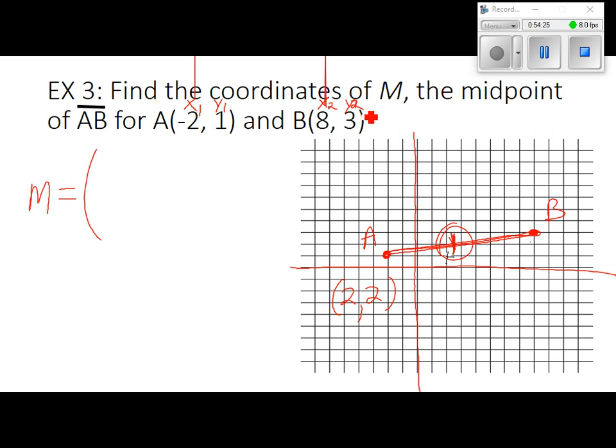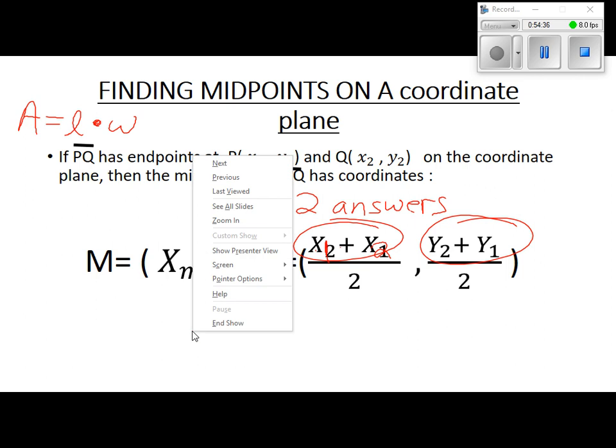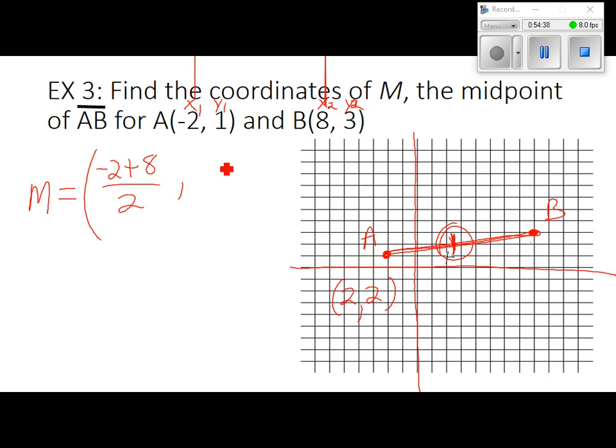What's my x's? Plus, that's divided by 2. What's my y's? One plus 3 divided by 2.